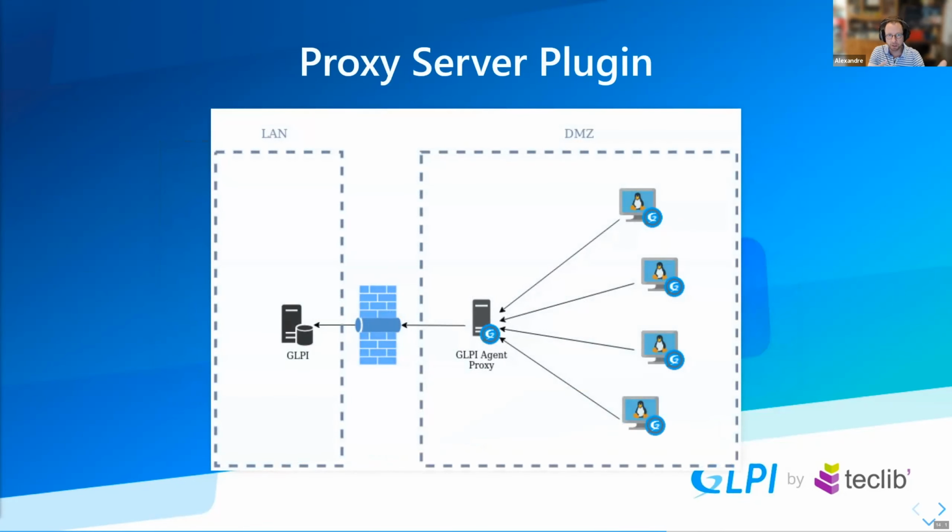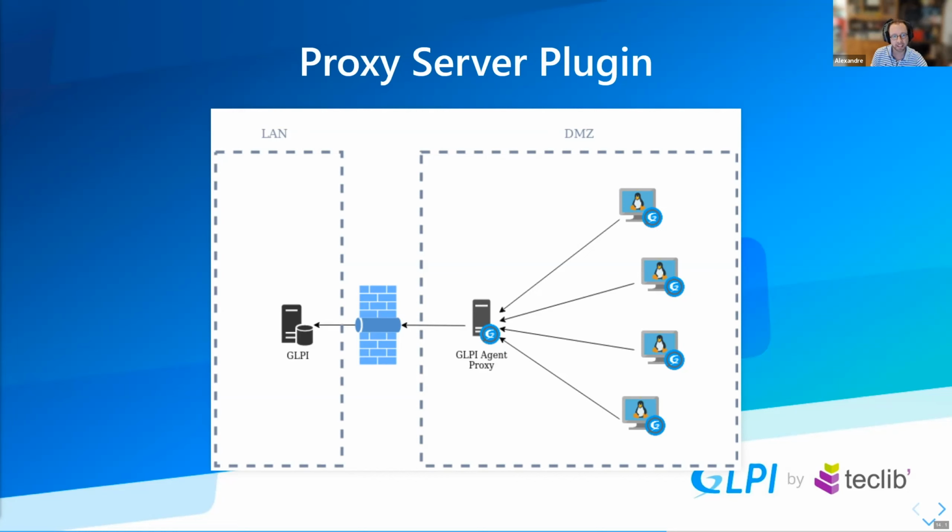We also have a proxy server plugin. It works from the same system, but not for the same final purpose. In this mode, you have the classic installation of the agent on each computer, and you have a trusted agent which serves as a proxy.